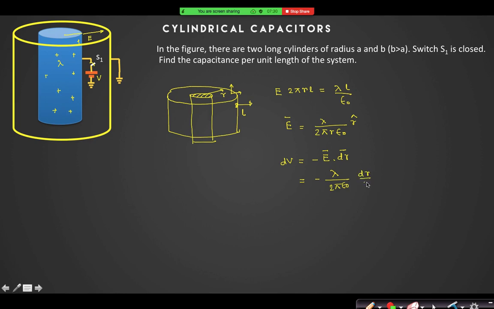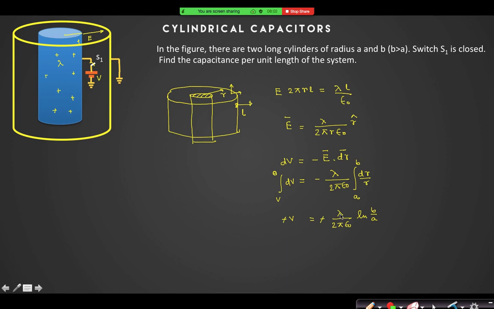Now I will integrate dV from V to 0, where the potential is V at radius equal to A for the smaller cylinder, and the potential is 0 at radius equal to B. So I can say 0 minus V is minus V, that is equal to minus lambda by 2 pi epsilon naught into ln of B by A, right? Minus minus gets cancelled out.